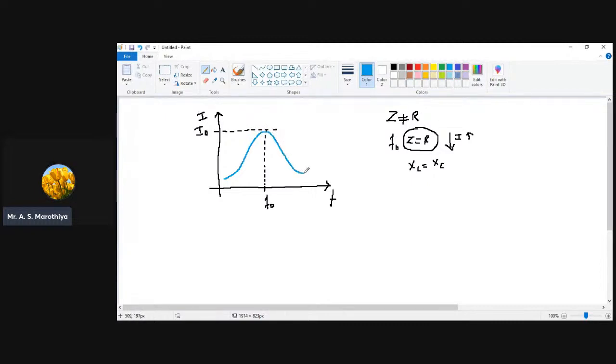In this way, we have the graph of current with respect to frequency, and the effective reactance of the circuit below resonant frequency, in this particular region, because the value of XC is more than XL, is going to be capacitive.